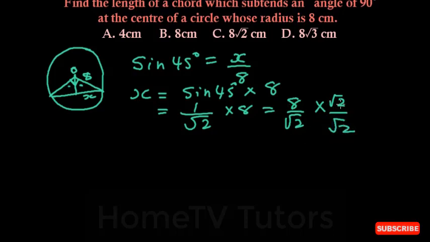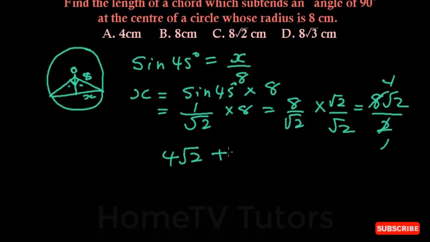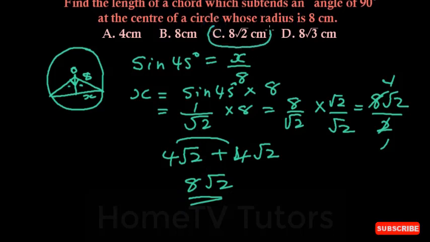Okay, so 8 times root 2 gives us 8 root 2. Root 2 times root 2 gives us 2. So 2 in here, 1, 2 in here, 4. So now we have 4 root 2 as the length. So we add the 2 because it's 2 equal lengths. So 4 root 2 plus 4 root 2. So 4 plus 4 gives us 8 root 2, which corresponds with the answer option C.